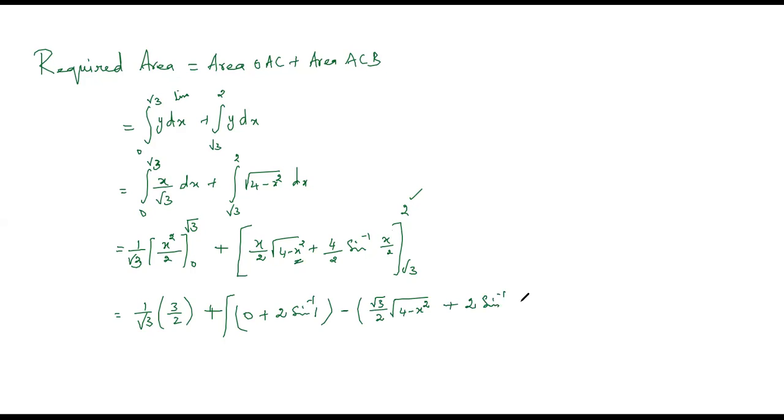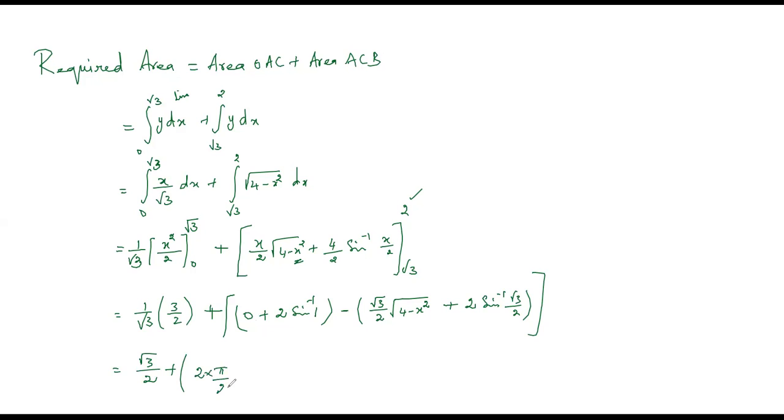Now you just simplify it. Root 3 into root 3 by root 3 is root 3 by 2, plus, coming to this, the first term is 0, you can leave it. The second term is 2 into sine inverse 1, which is pi by 2.